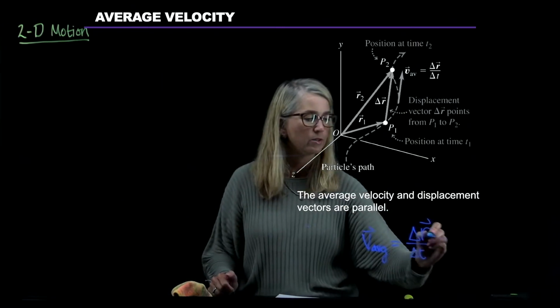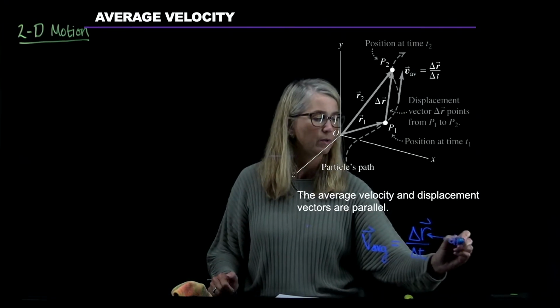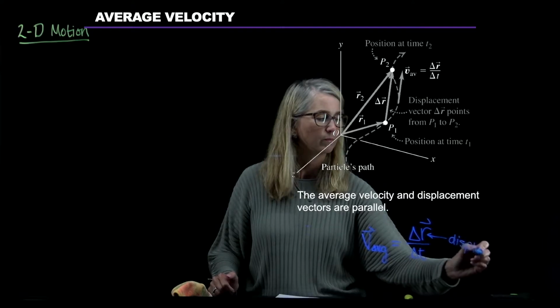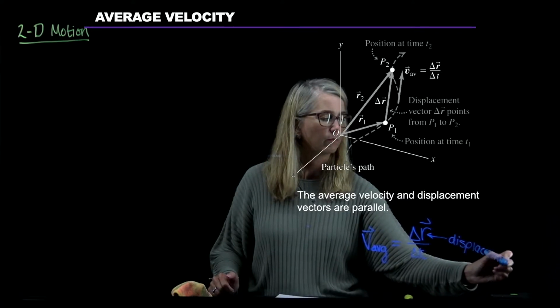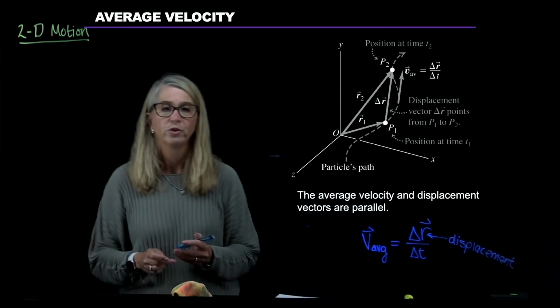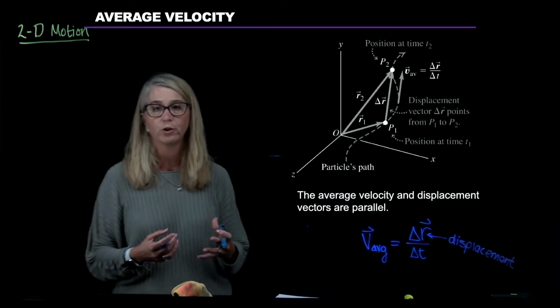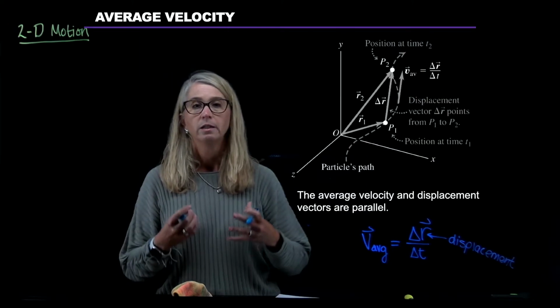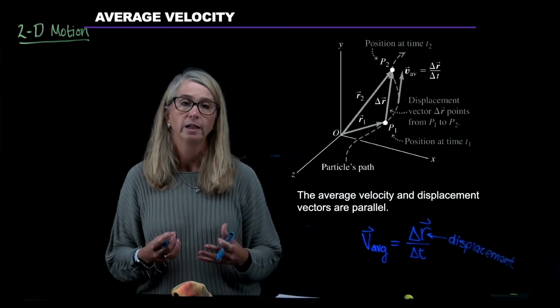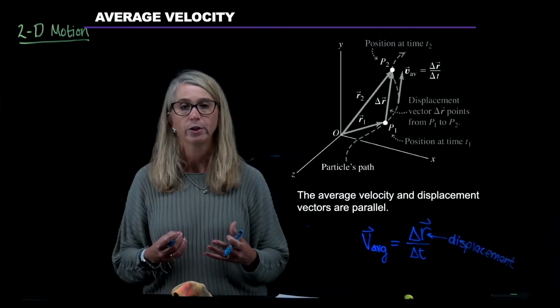And so this, of course, is the displacement, which is the change in the position. And so I chose this picture because it actually shows both the displacement vector and the average velocity vector.